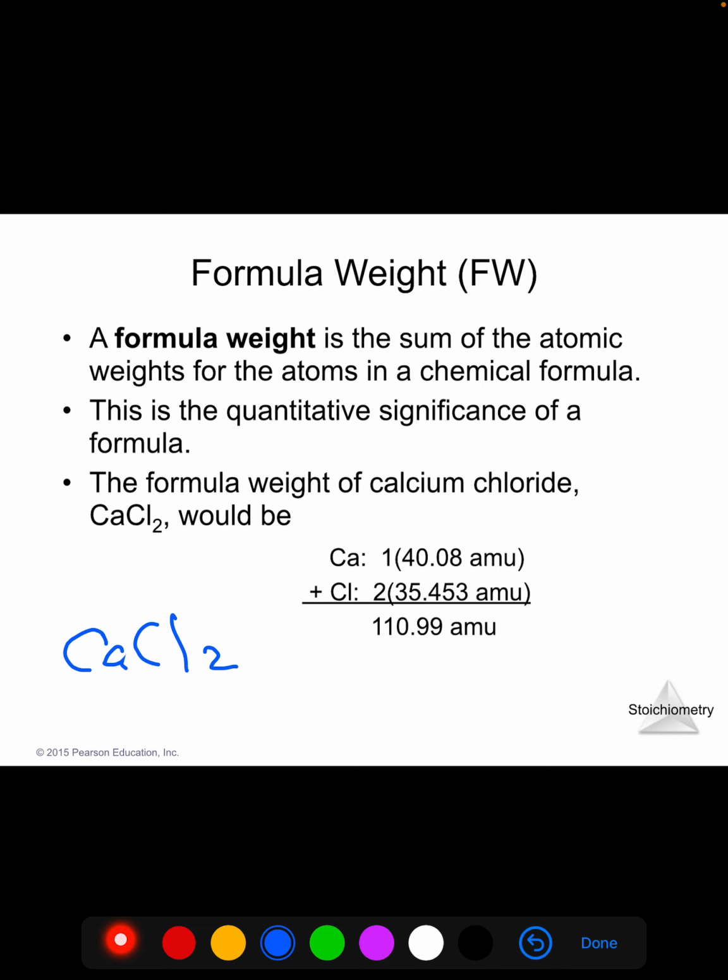For calcium chloride, calcium is group 2, it's always 2 plus. Chloride is group 7, it's always minus. So I need 2 chlorides to balance the single calcium, 2 plus.